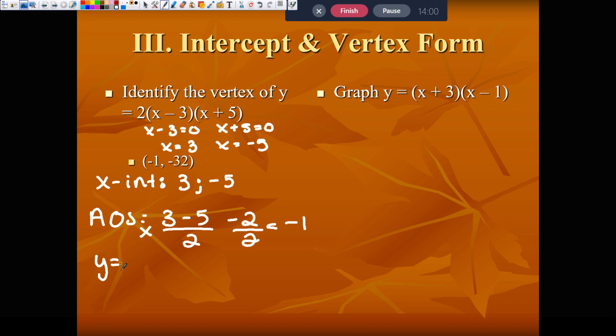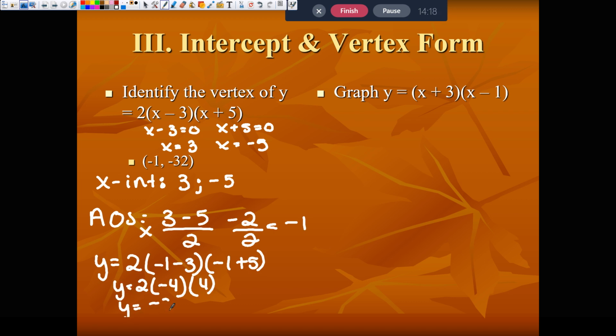So y equals 2 times -1 minus 3 times -1 plus 5. So we'll get 2 times -4 times 4, so y would equal -32. So our vertex would be -1, -32.